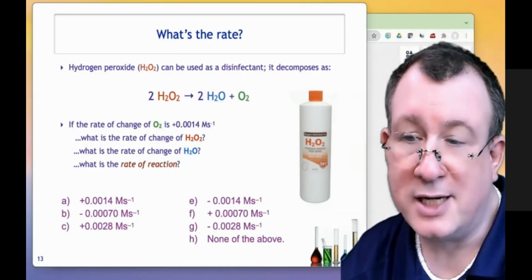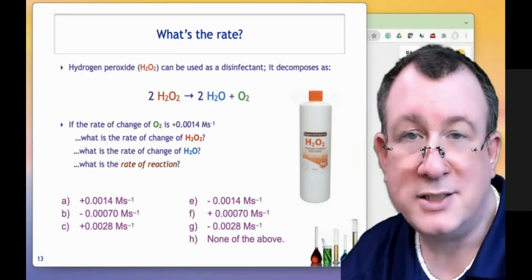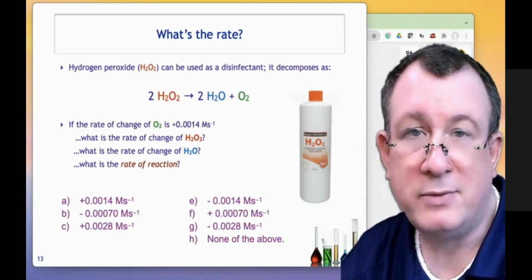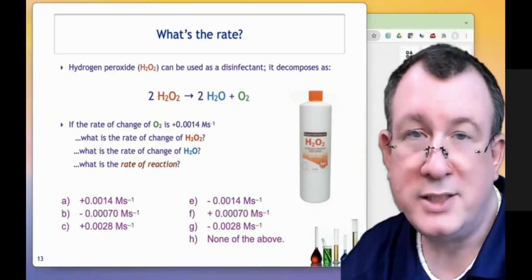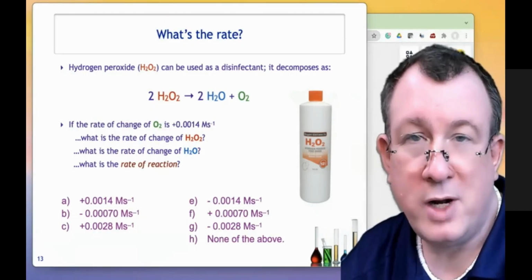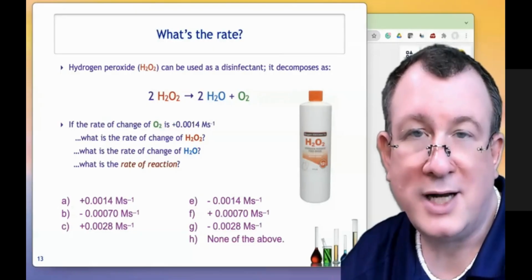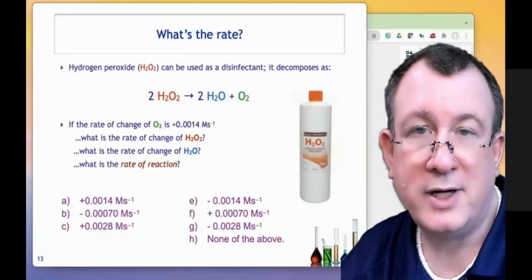In other words, it's the same number. The rate of reaction is 0.014 molarity per second, a positive number. So it really doesn't matter which one I start with. With any one of those, I can get the other two, and with any one of those, I can get the overall rate of reaction.